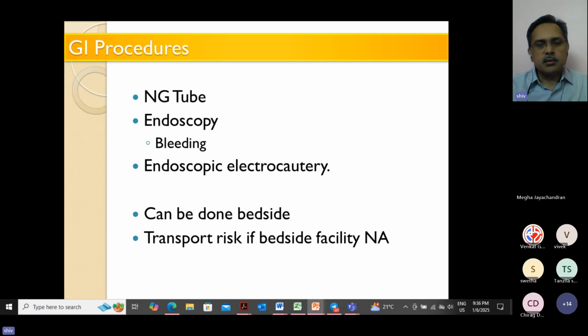Endoscopy can be done with adequate precautions. Even endoscopic electrocautery can be done with adequate precautions as part of the procedure. And this can be done bedside in most centers. But if that kind of equipment is not available, then additional transport risk is there if bedside facility is not there.